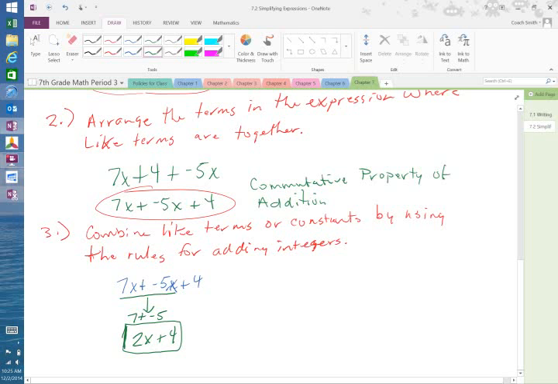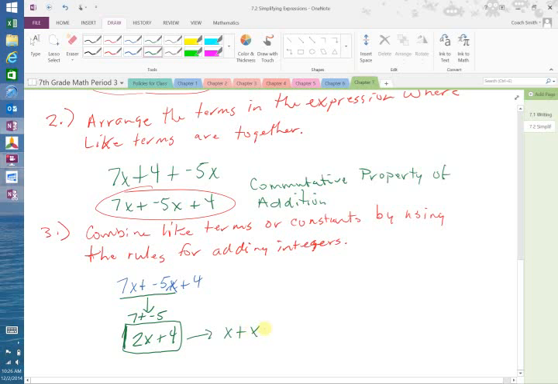Now, here's where a lot of people make mistakes. They want to take 2x plus 4 and say that it's 6x. They want to put the 4 and the 2 together. You can't do that. You can't say that this is 6x. This problem right here is basically this.